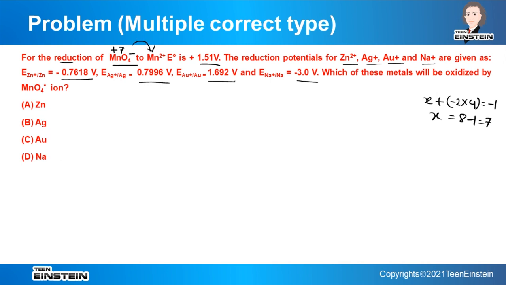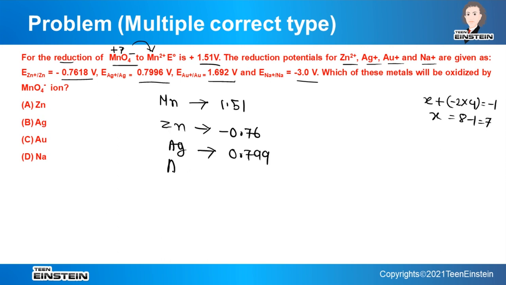That means it has to donate electrons. Now look at the values. For Mn it is 1.51. For Zn it is minus 0.76. For silver it is 0.799. For gold it is 1.69, and for sodium it is minus 3.0.